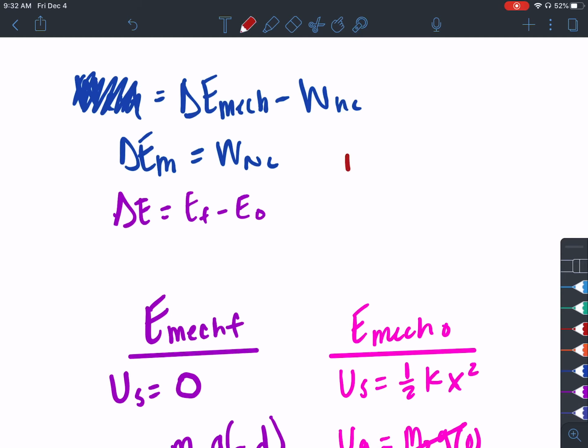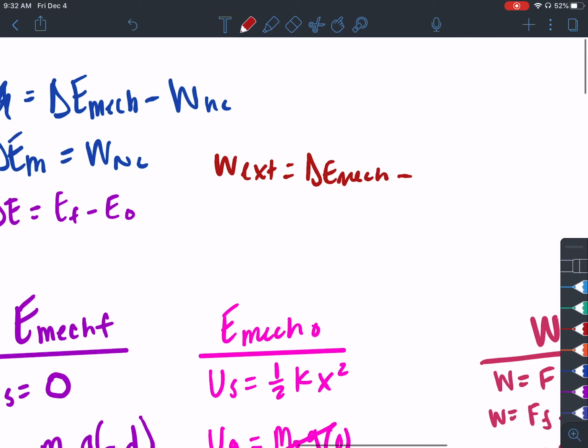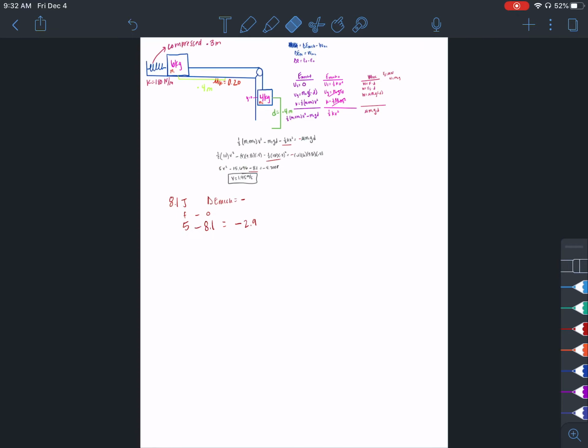Most often what we get is that our work external is equal to our change in EMEC minus the work non-conservative, but the work non-conservative tends to be a negative number. So we're saying the change in mechanical energy plus the energy that is lost is equal to the work that is put into the system. Here, no work was put into the system. So the work non-conservative was simply equal to what was lost.